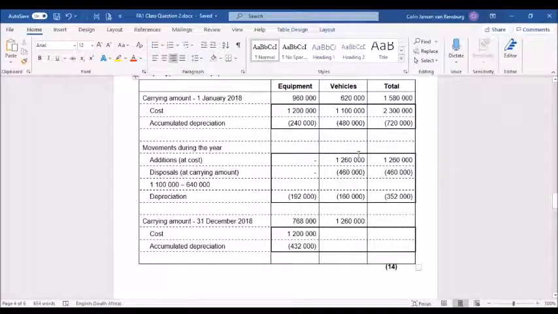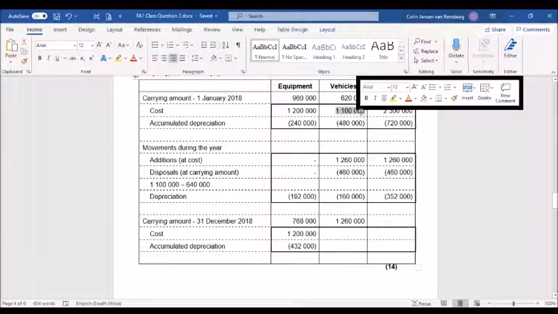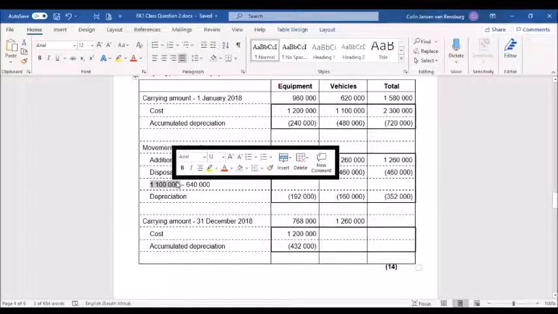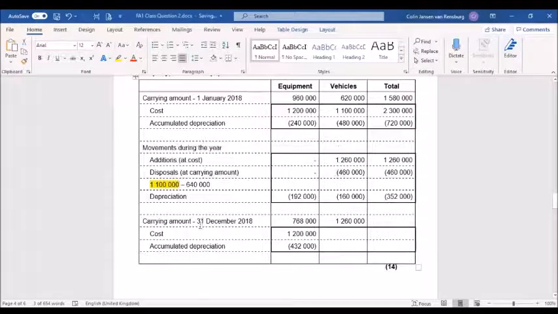The cost at the beginning of the year was 1,100,000 rands, right? And what did we take out of the cost? We took 1,100,000 out of the cost, right? So then it means the cost at this stage is 0.